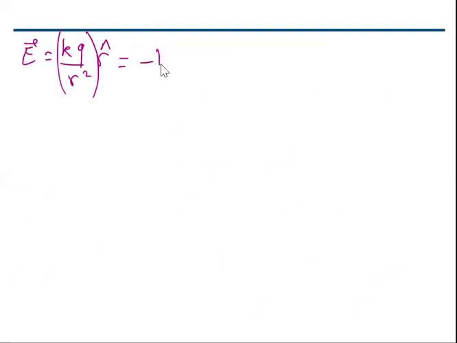Negative 18 multiplied by the unit vector, it's 0.6i minus 0.8j. Very good. And like that, we can get the result.